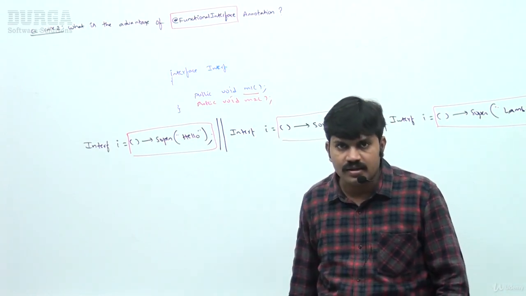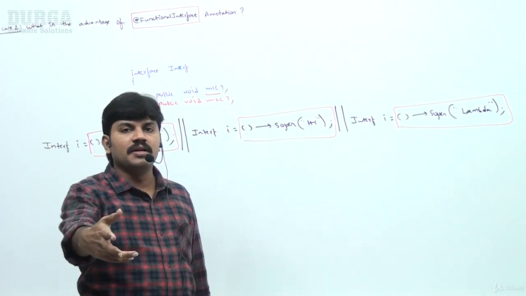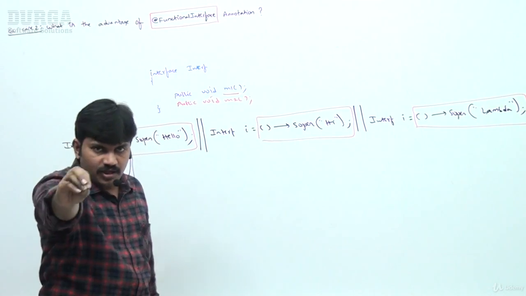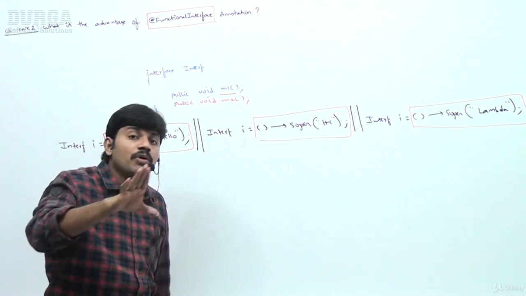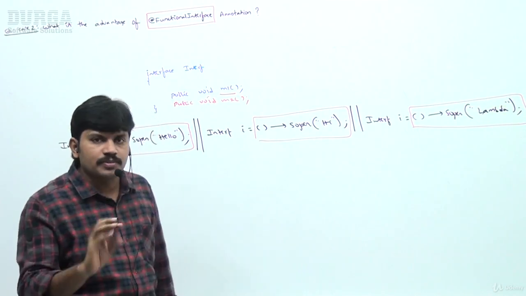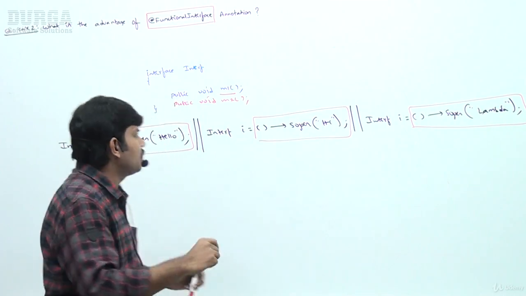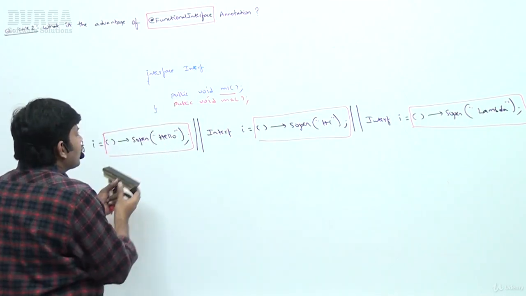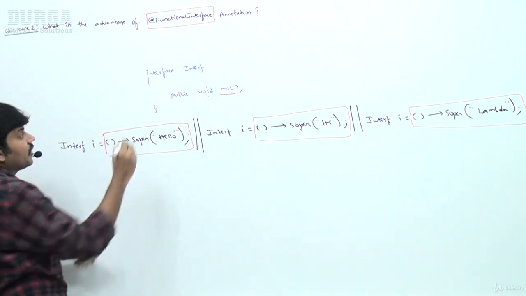Is it correct or not? Sir, how can I specify explicitly, boss, that this interface is used for lambda expressions, so don't add any new abstract methods? For that, the @FunctionalInterface concept came, sir.